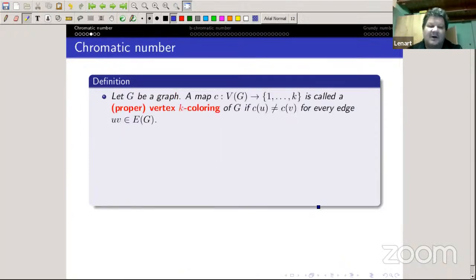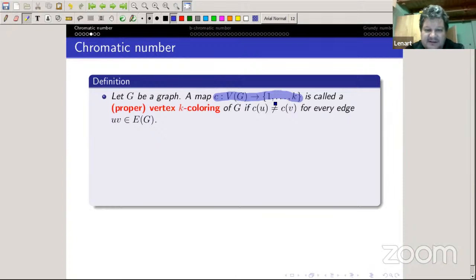Okay, and now on to the main topic of this talk, colorings of graphs. A coloring is a map where every vertex is given a color, which is usually just said to be these numbers from 1 to k, which are usually called colors.